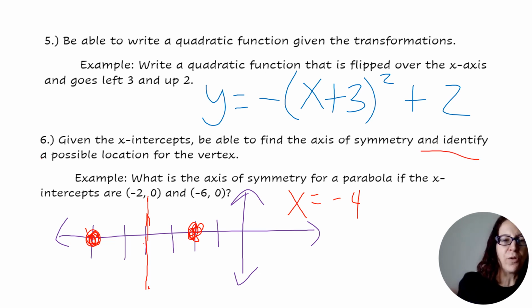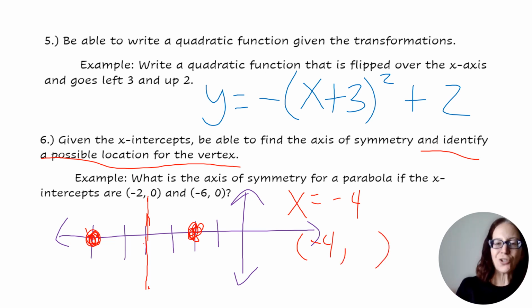Now let's talk about the next part of that. Identify a possible location for the vertex. The vertex has to also be in the center of the parabola. It's on the axis of symmetry. So whatever I know about the vertex, I know that the x-coordinate has to be -4.